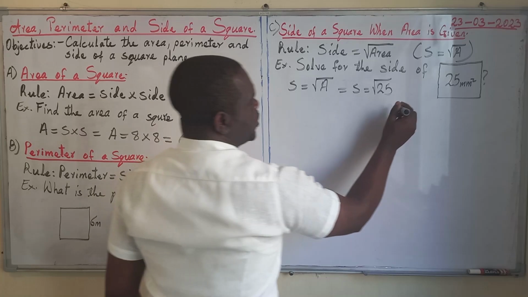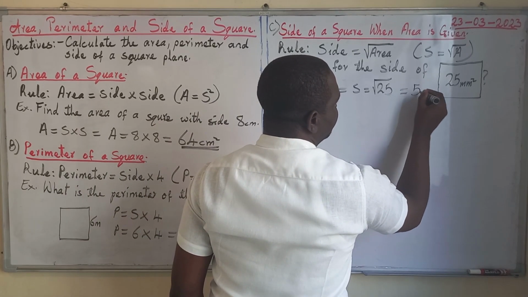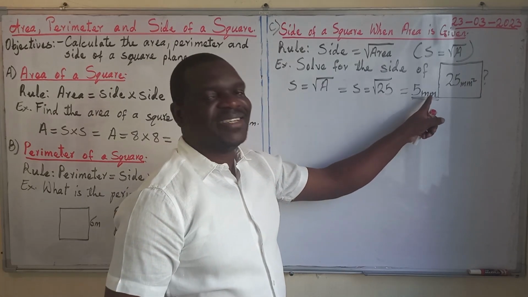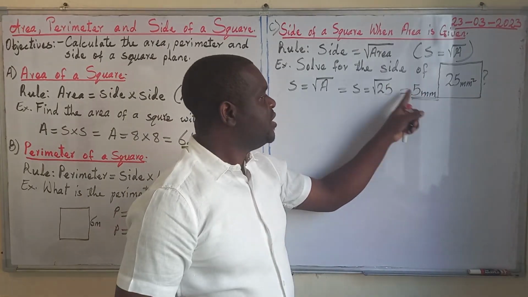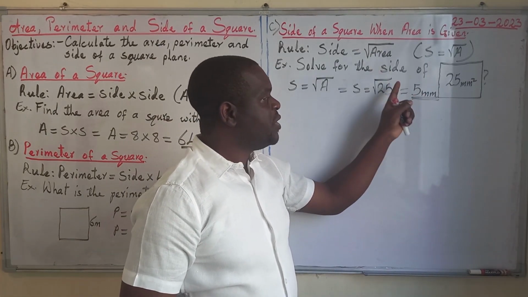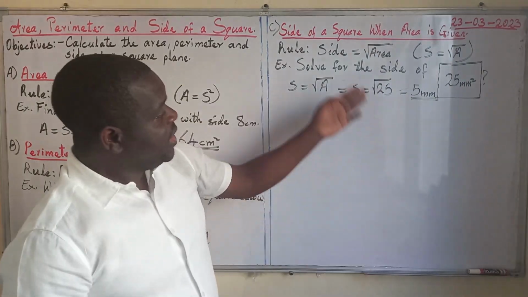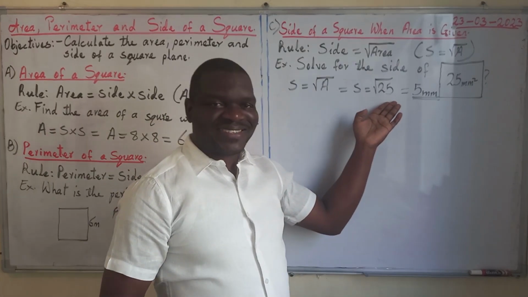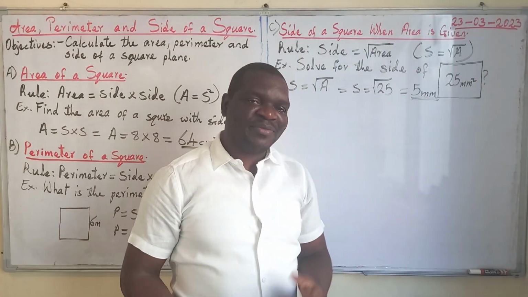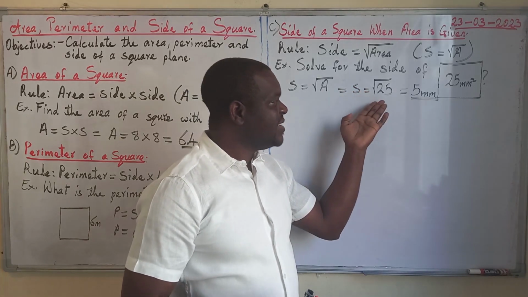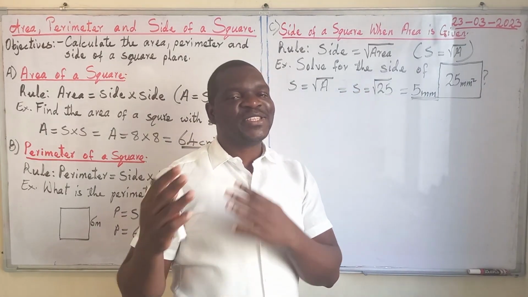And the square root of 25 is equal to 5 millimeters. Always remember to indicate the unit in which the side or the area or the perimeter is measured. Here it is in millimeters. If you missed our lesson on square roots, go to Wafu TV and scroll down the list, and you will find the lesson on how to find square root.